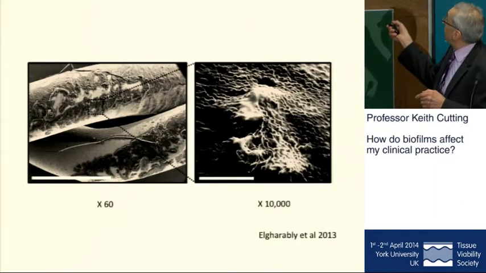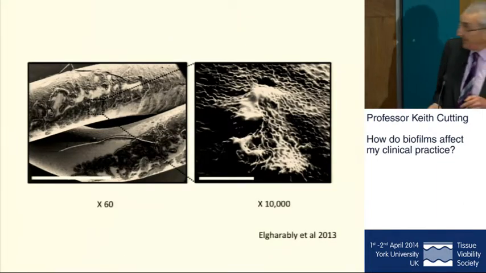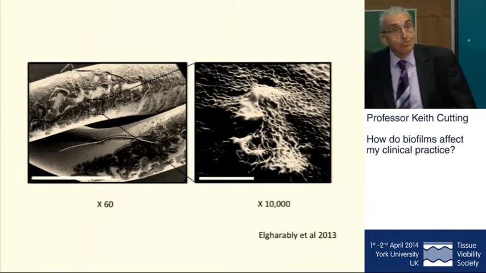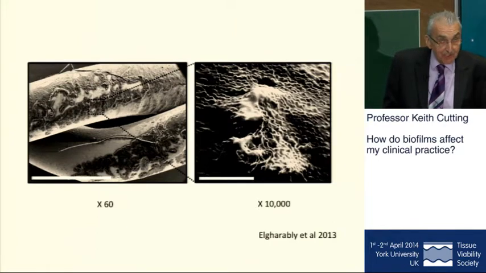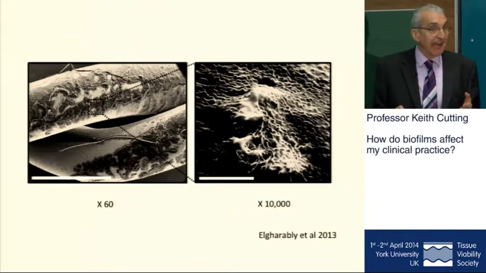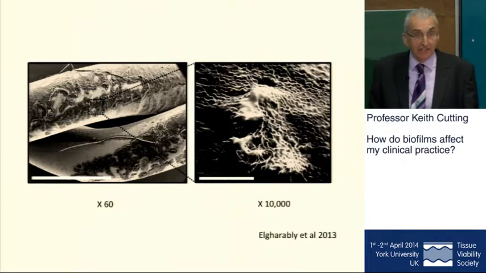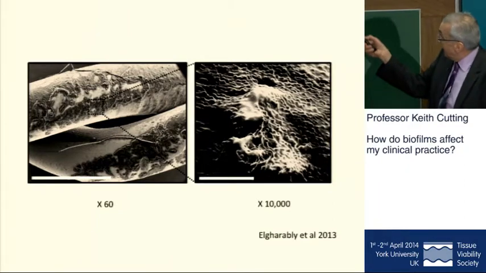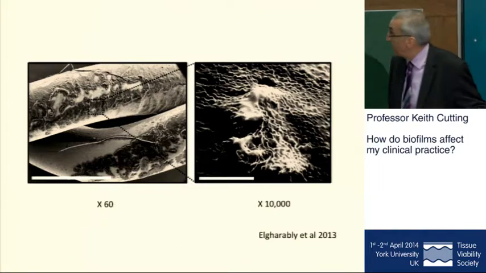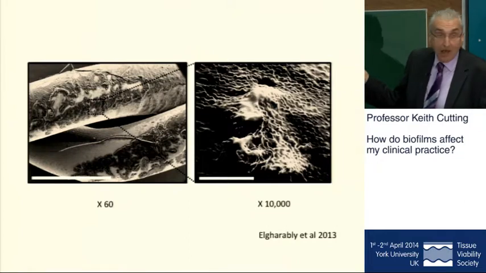Now, this paper was published tail end of last year, and these researchers looked at sternal wounds, and they declared that they had identified biofilms in these sternal wounds. And these are two scanning electron micrographs. The one on the left, as you can see, is at times 60 magnification, and these are sternal wires.